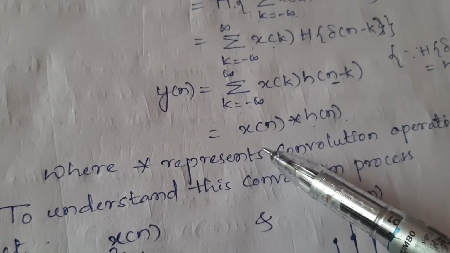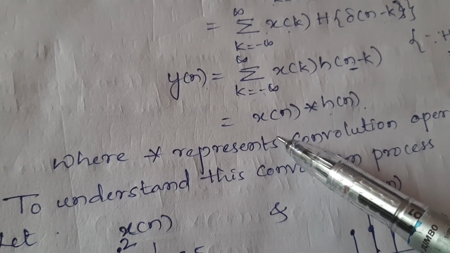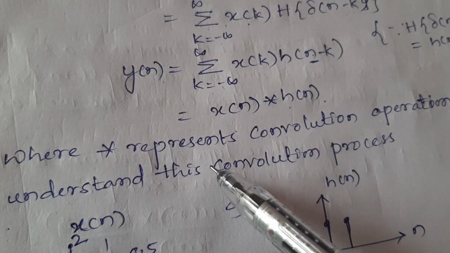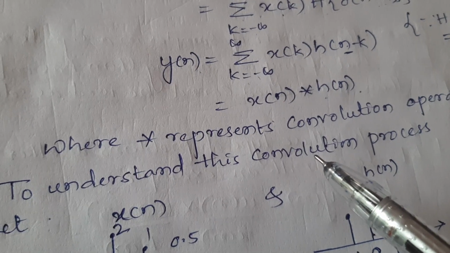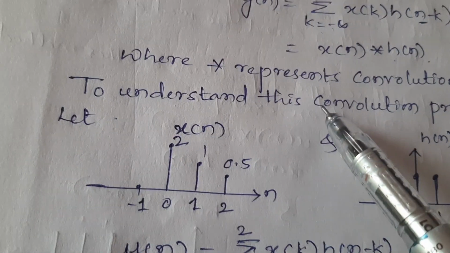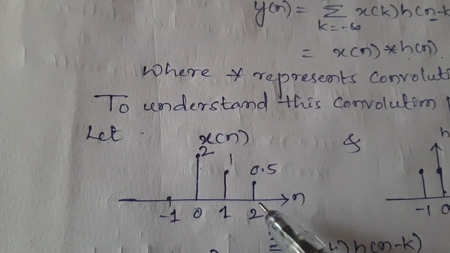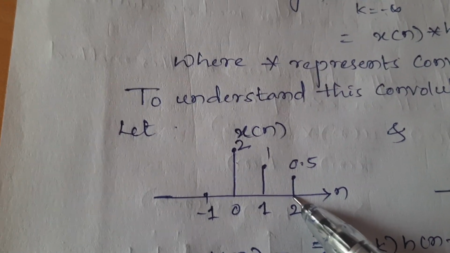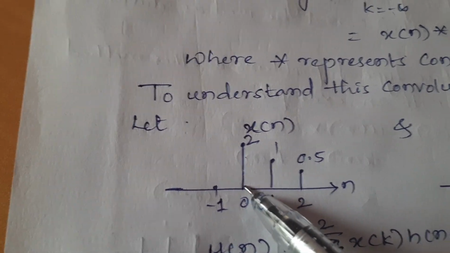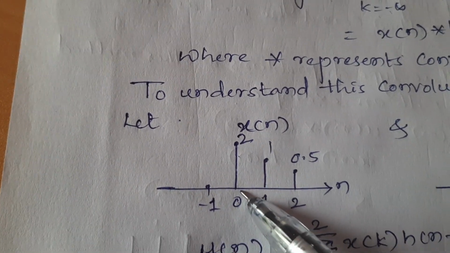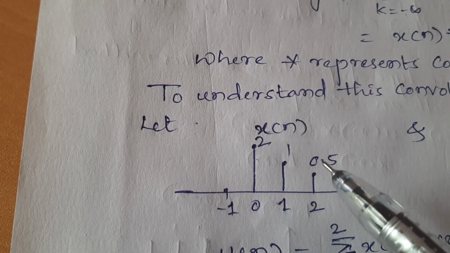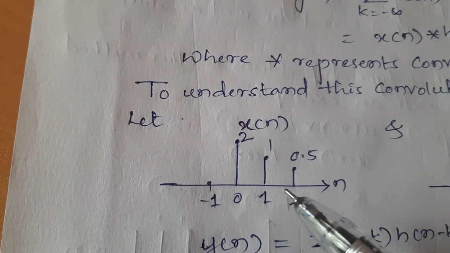Now, what is this convolution? Is it a multiplication or what exactly is it? To understand this convolution process, and how it can be computed, let's consider an example. Let our input x of n be the same one which we have seen at the top, running from 0 to 2 with the same values, 2, 1 and 0.5.